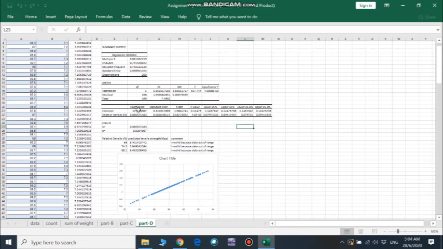From these two numbers, we can come up with this formula, and then we can plug the numbers into it.